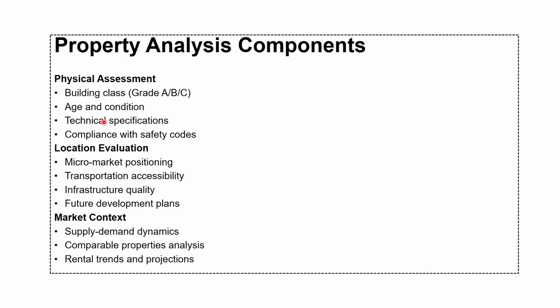All that will be part of the technical specifications. And then we have compliance with safety codes, how safe the building is in a fire situation and other such disastrous situations, how well the safety codes have been followed.